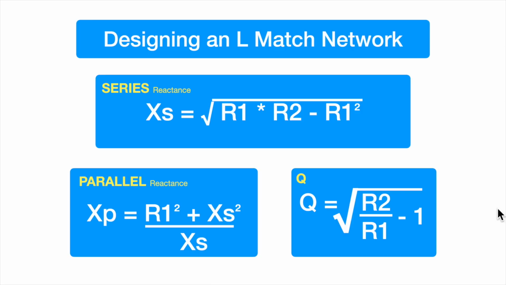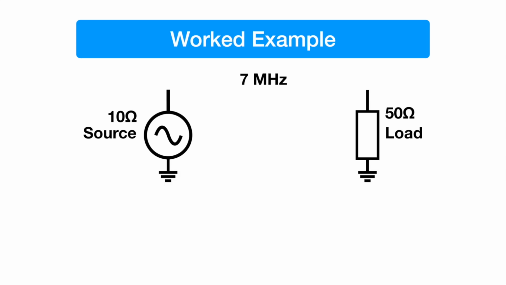Now, we're going to do a worked example so you can see this. And actually, this example comes from the hallowed pages of Experimental Methods in RF Design. This is one of the examples that they use. So let's imagine we have a source impedance of 10 ohms and we want to match that to a 50 ohm load. I guess this would be like if you had an output port of an amplifier that had a very low impedance, like 10 ohms, and you were trying to match it to the 50 ohm load.